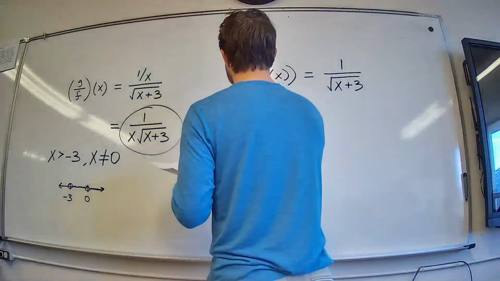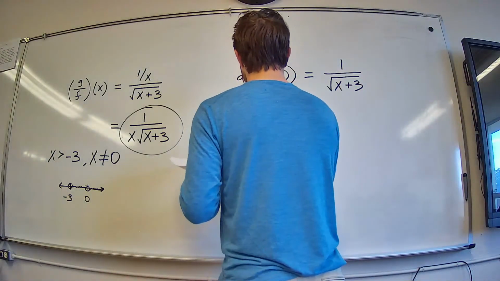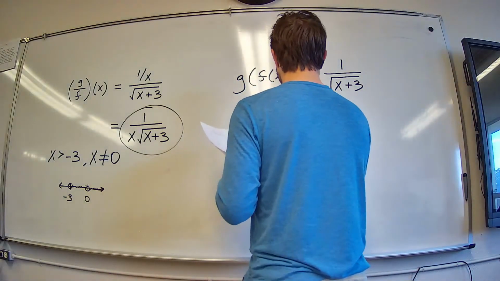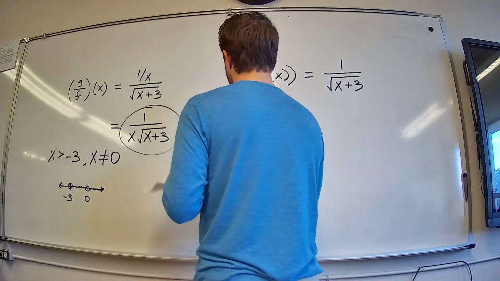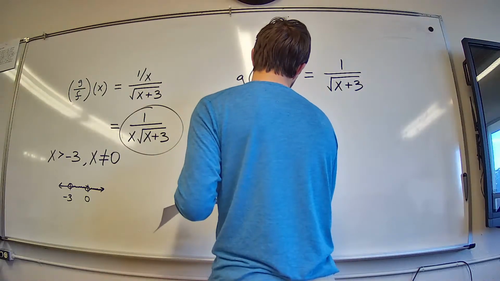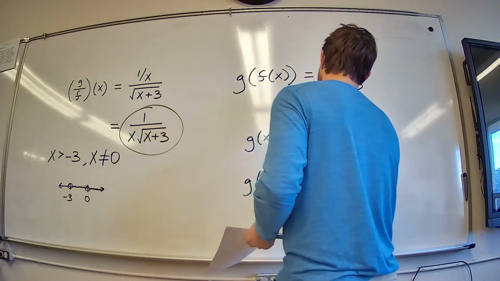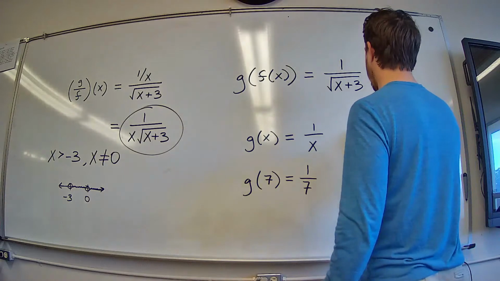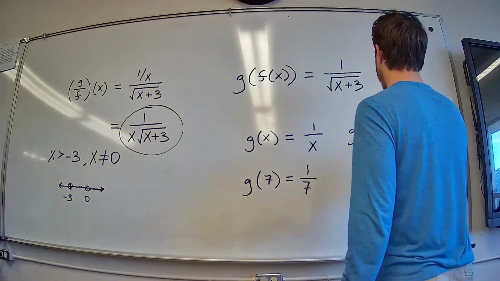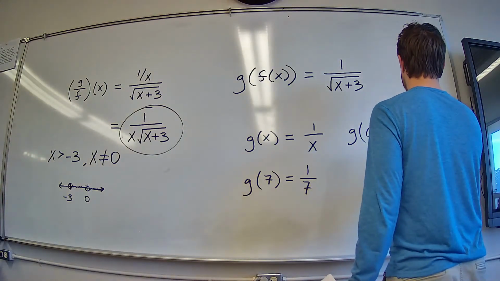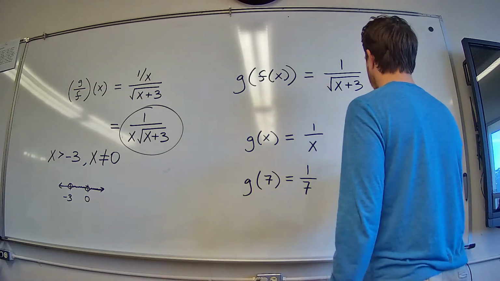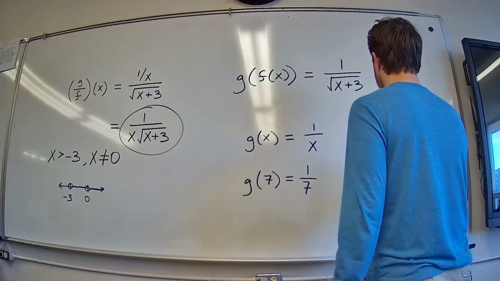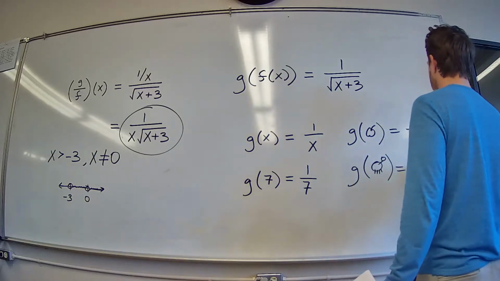So g of x is 1 divided by x. Let's do a couple examples. What's g of 7? 1 divided by 7, right? What's g of apple? 1 divided by apple. What's g of hippo? 1 divided by hippo.